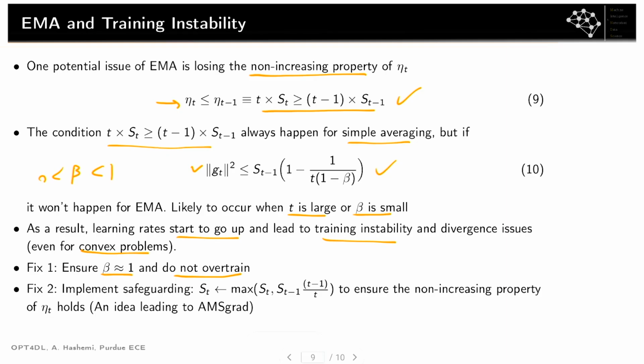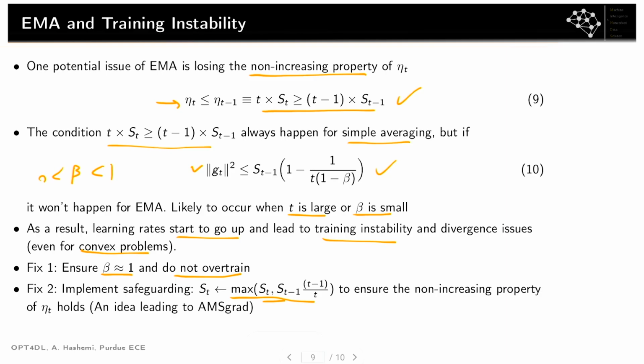You just make sure that the denominators don't decrease over time as a result of using the exponential moving average. So in particular, we basically want to ensure that our new denominator is the maximum between these two. It's a very simple derivation, so I don't want to bore you with that. It's just going to ensure that we again retain this non-increasing property.